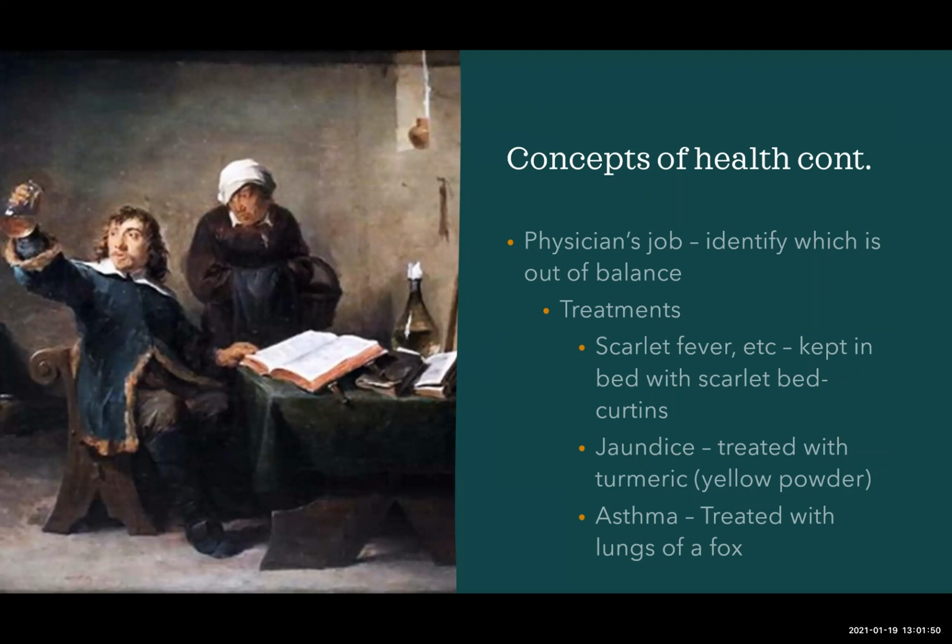Maybe being in the dark would be helpful and maybe help their headaches. I don't know. So jaundice was treated with turmeric, which is a yellow powdery herb that is still used, not for treatment of jaundice, but in flavoring. And asthma was treated with the lungs of a fox. So you would eat the lungs of a fox.